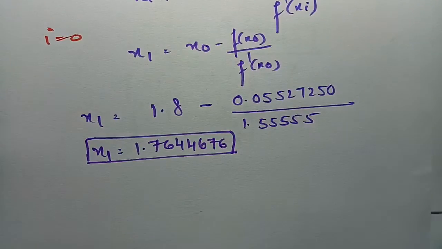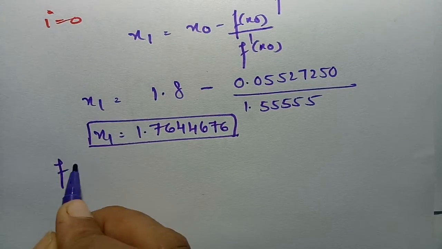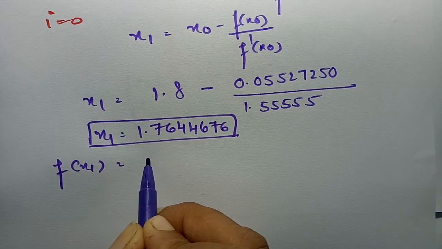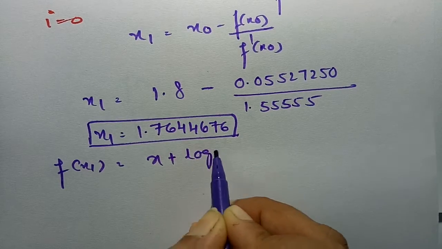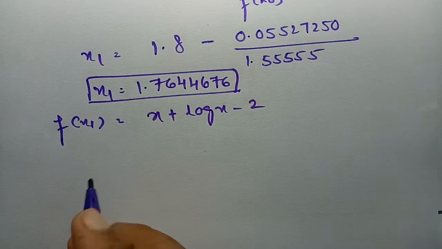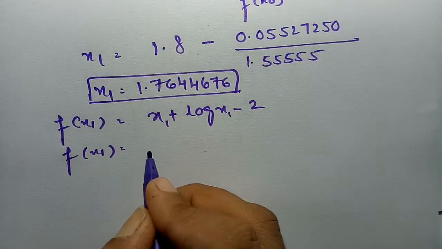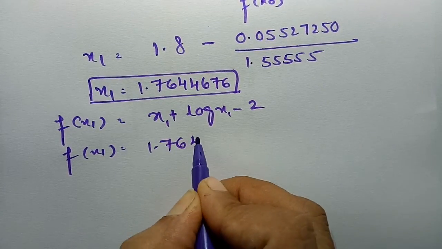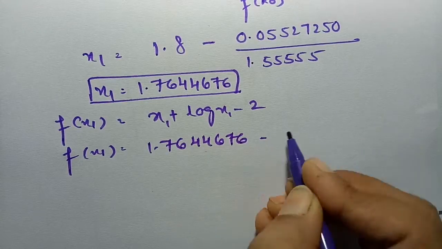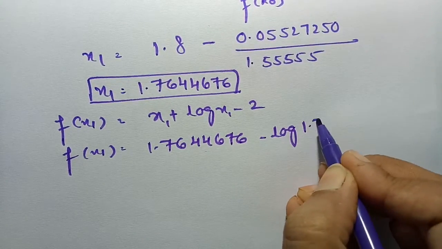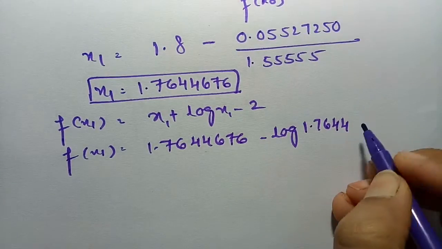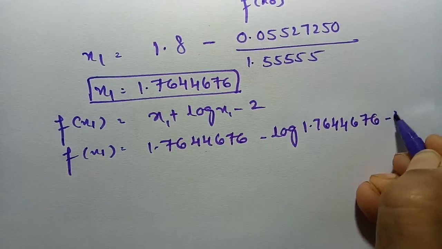And after getting the x1 value, again we have to put it in f of x1. So f of x1 will be x plus log x minus 2. If I put the x1 value in place of x, this will be 1.76444676 plus log of 1.76444676 minus 2.